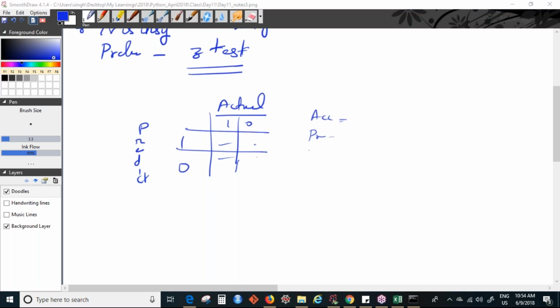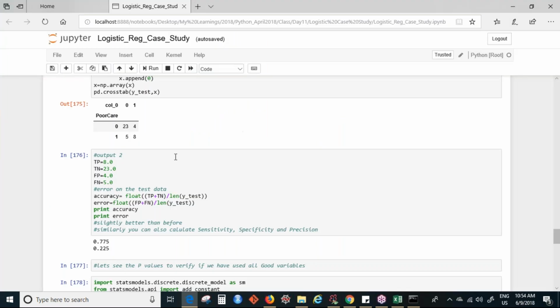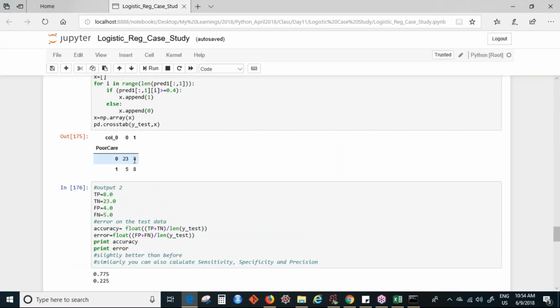Your answer will be the same, but this is how you will compute. Your values will not be in the same order. So it is your wish. You don't show your confusion matrix to your stakeholders. You show your accuracy, sensitivity, precision. So it doesn't matter in what way you are computing the confusion matrix. It's up to you.